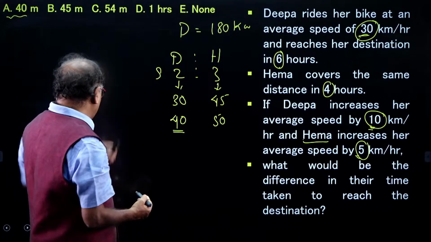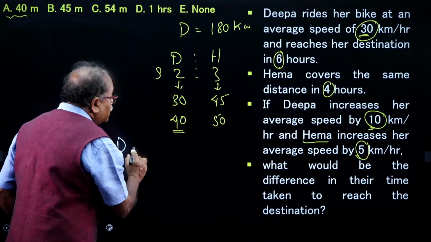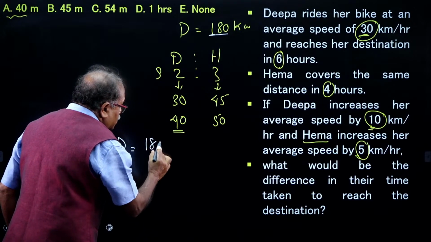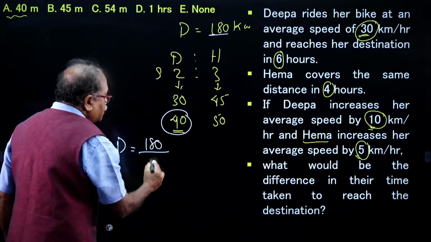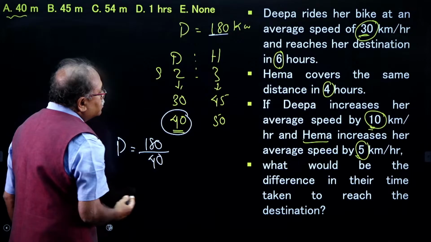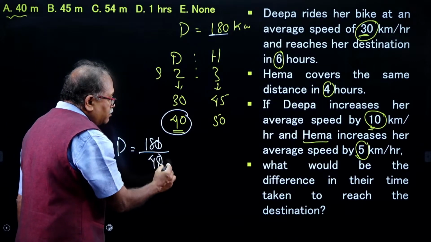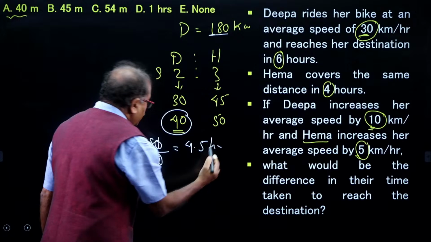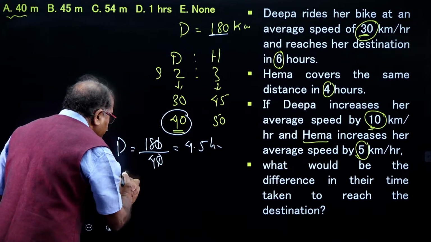How much time will Deepa take to travel a distance of 180 km? So, 180 divided by 40 km per hour. This gets cancelled, 9 by 2, that is 4.5 hours. And what about Hema?